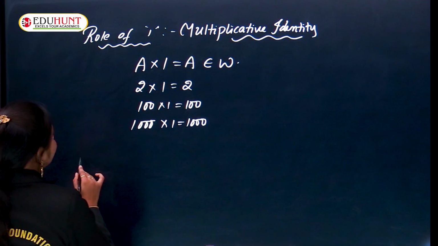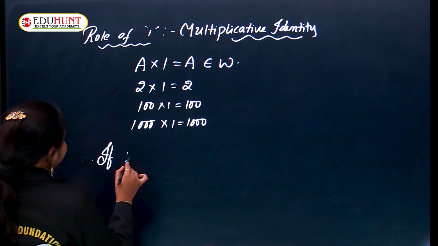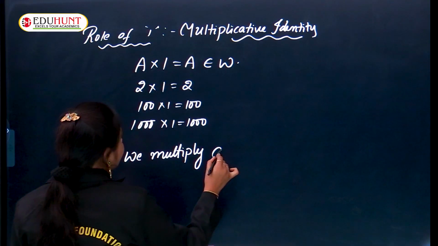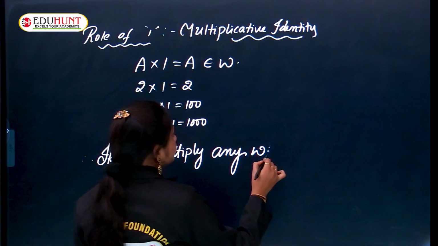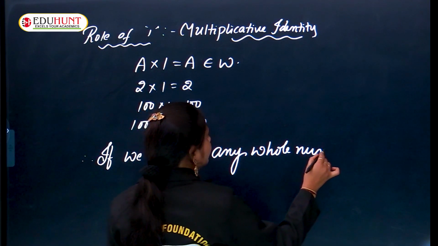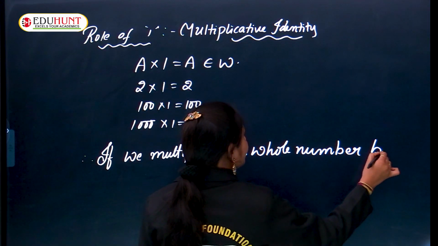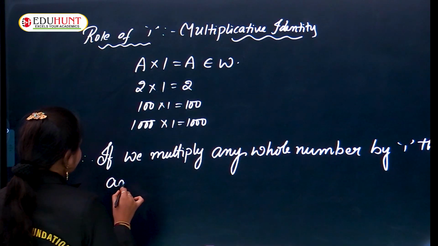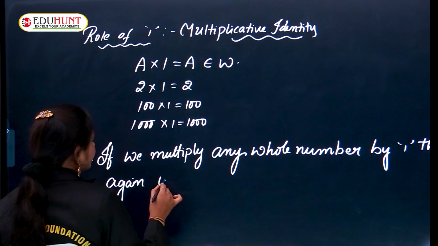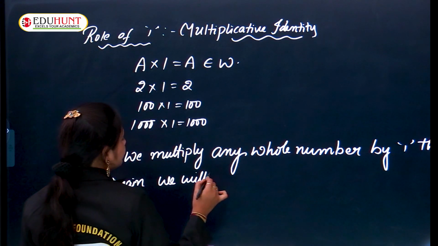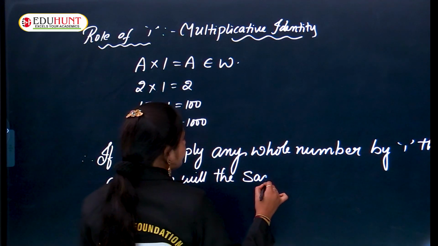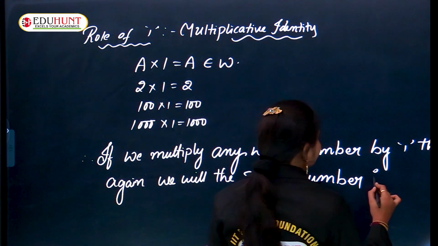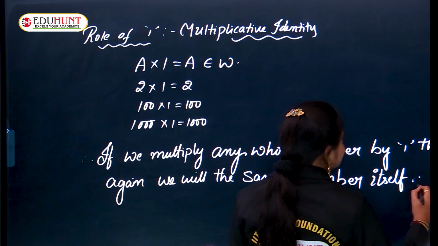Finally, what we can say here, if we multiply any whole number by 1, then again we will get the same number itself as a resultant.